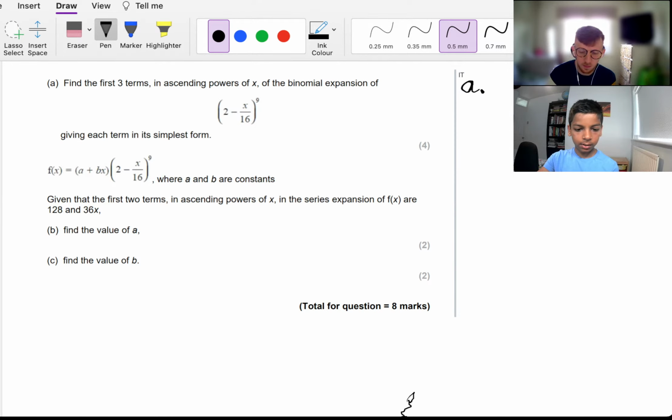So first we need to factor out 2 to the power of 9, so then it would be 2^9 times (1 - x/32)^9.